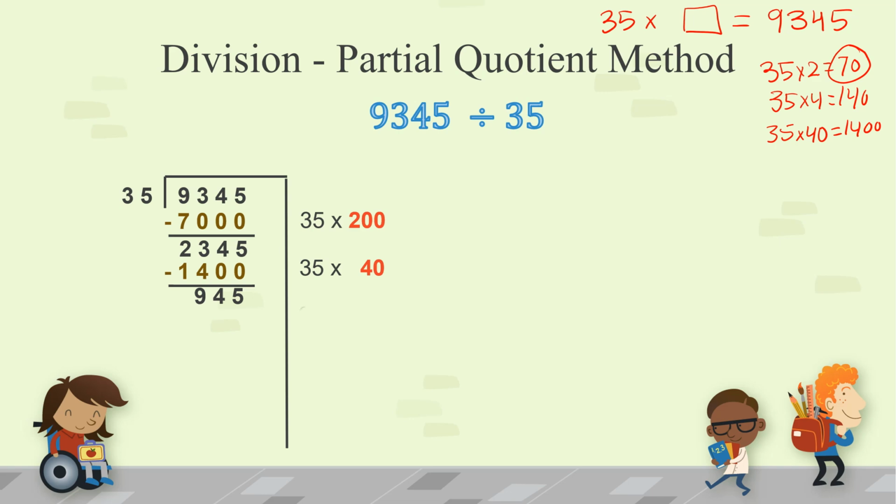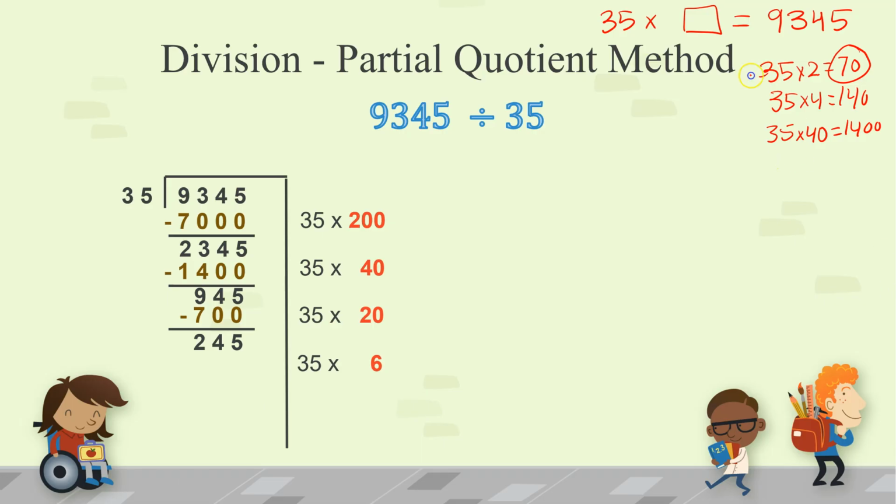I'm thinking 35 times 20. 35 times 2 is 70, so 35 times 20 is 700. And I'm going to subtract. I have 245. Then I am going to try 6. How did I go up to 6?